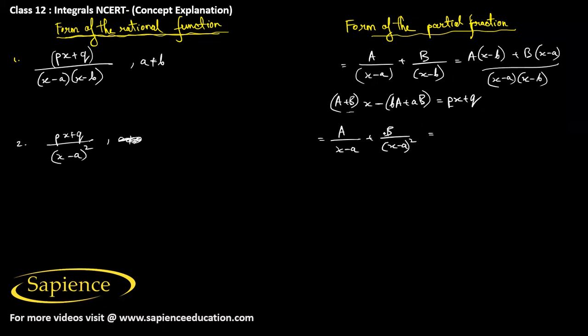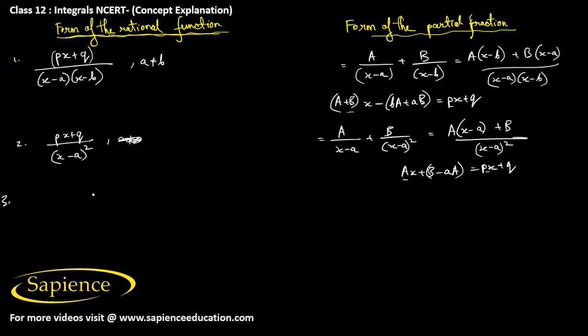Then we compare the coefficients to find the values of p and q. The numerator will be A into x minus a plus B, so therefore the numerator is Ax plus B minus Aa, and that will be equal to px plus q. So A will be p and B minus Aa will be q. From there we can find the values of A and B, and then write these partial fractions.